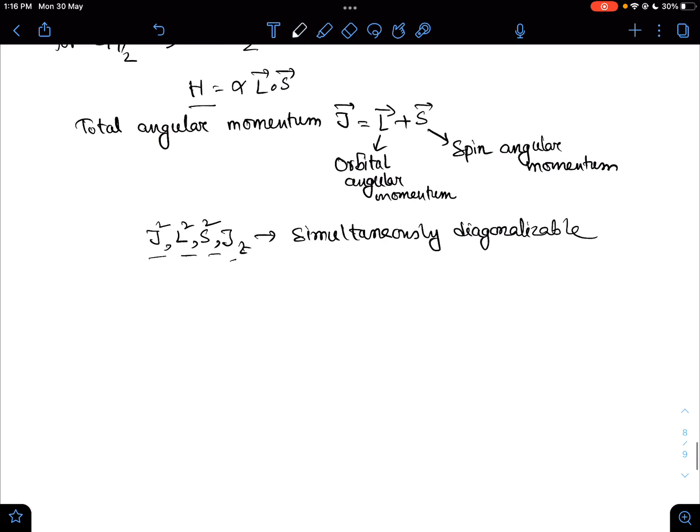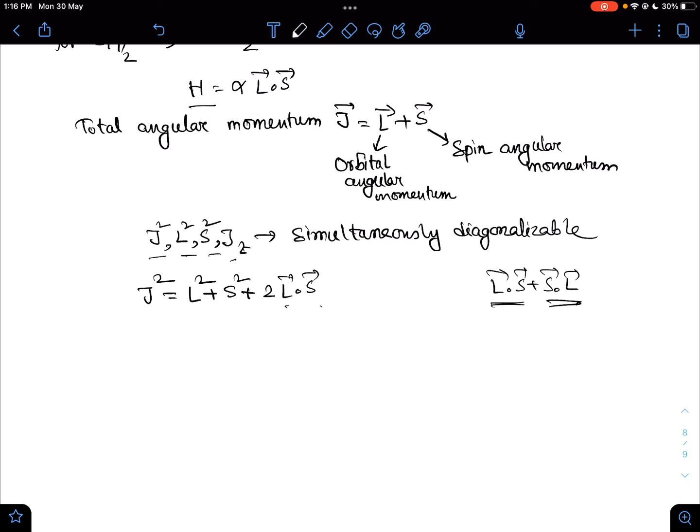So let us do it. J is L plus S, so J² will be L² plus S² plus 2 L dot S. Why are we writing L dot S? Because L and S belong to different subspaces, so L dot S plus S dot L, the order doesn't matter because they commute.